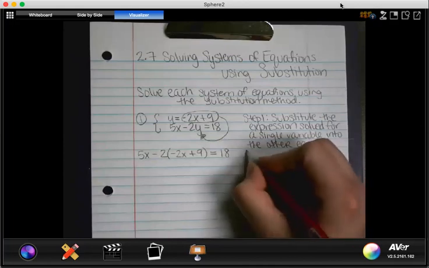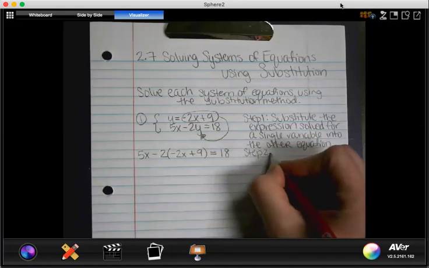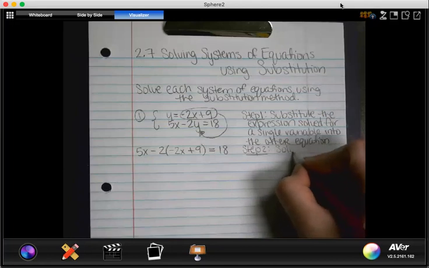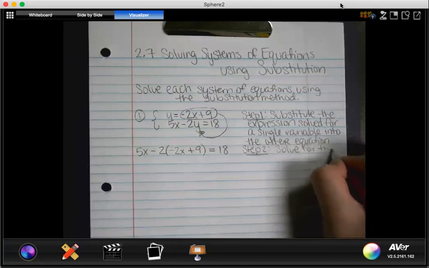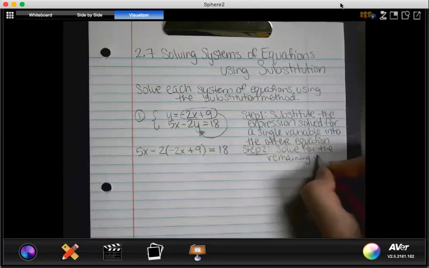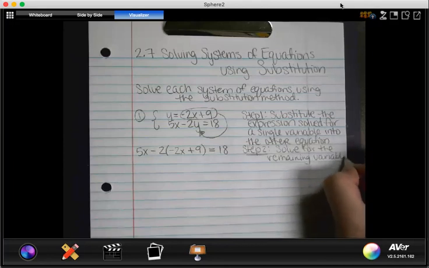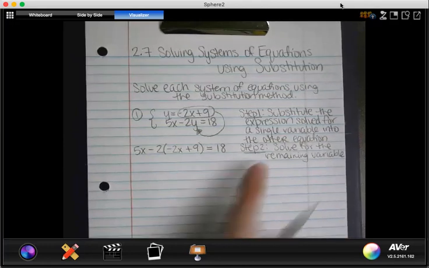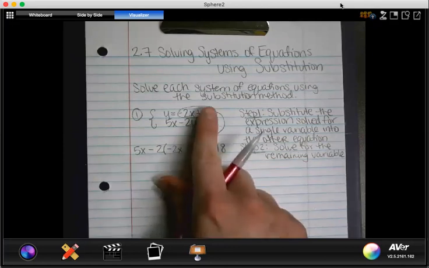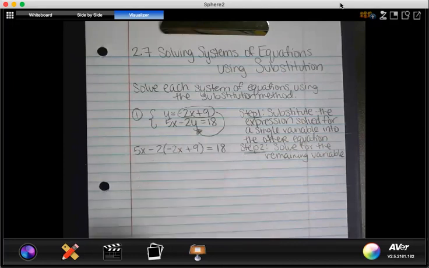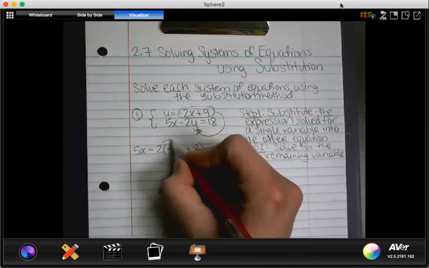From here, step 2, you're going to solve for the remaining variable. Because you just substituted in your expression, you're going to have to distribute that coefficient to each part.